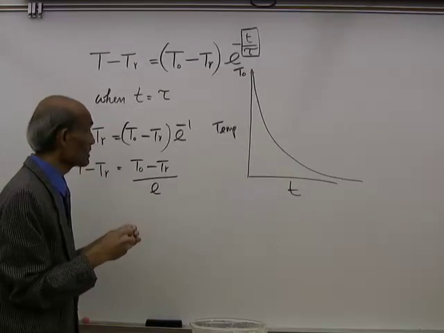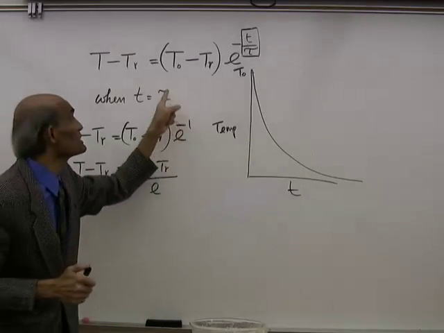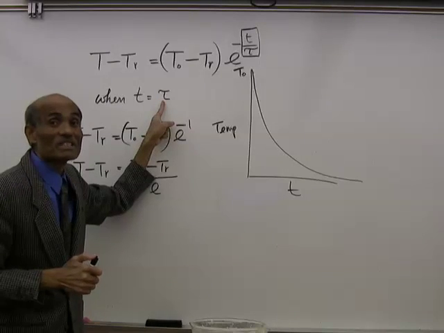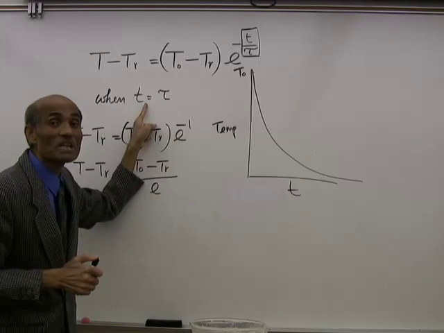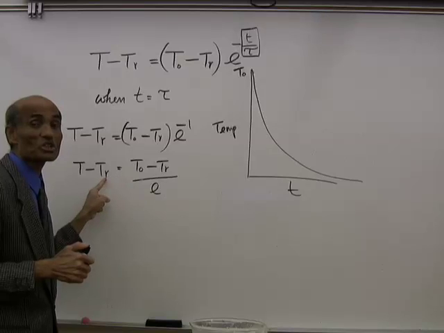And therefore, what is this tau? This tau is equal to t under these conditions.